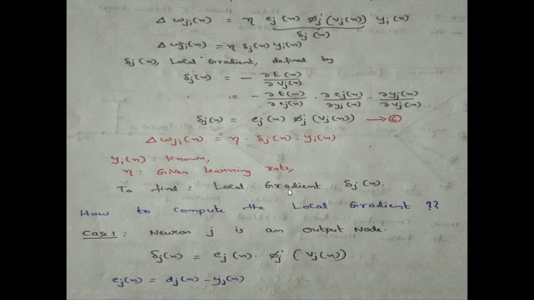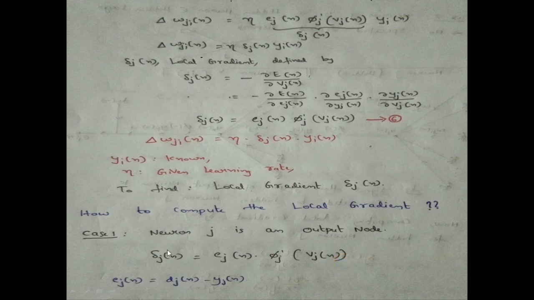So the question is how to compute the local gradient value. The local gradient is computed depending upon the location of the neuron j. Case 1 is when the neuron j is an output node, that is, when the neuron j belongs to the output layer. In this case delta j of n can be easily calculated and is given by delta j of n equal to Ej of n into phi j dash of Vj of n.